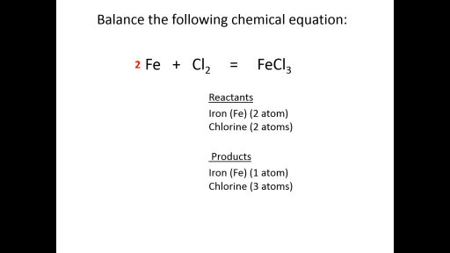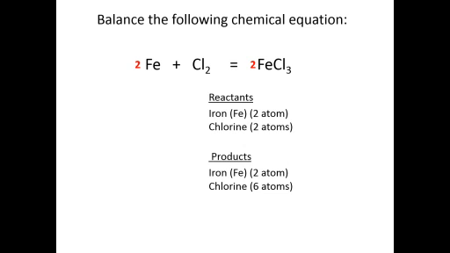Well, you still have 1 iron atom in iron chloride and 3 atoms of chlorine. So you'd have to throw a 2 in front of the iron chloride in your product. Now you have 2 atoms of iron, which balances out with your initial reactant.